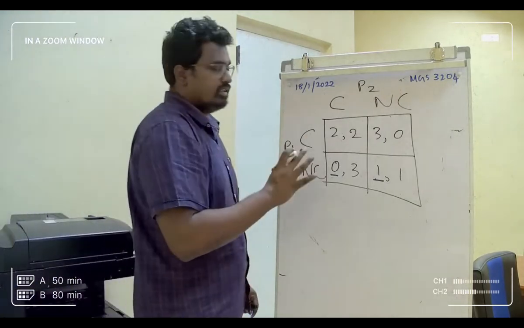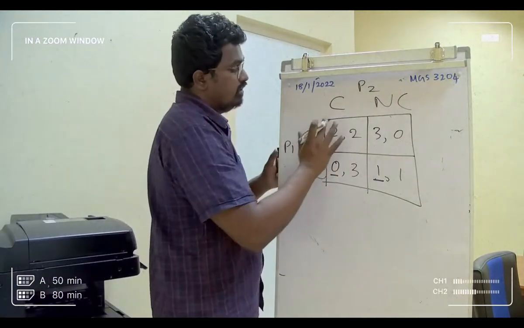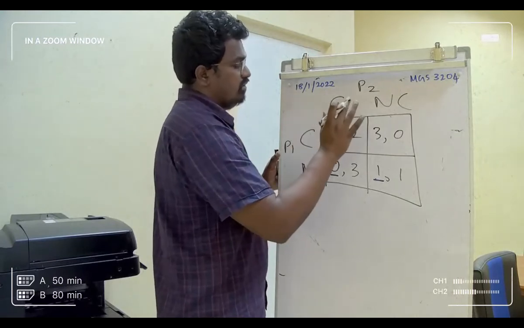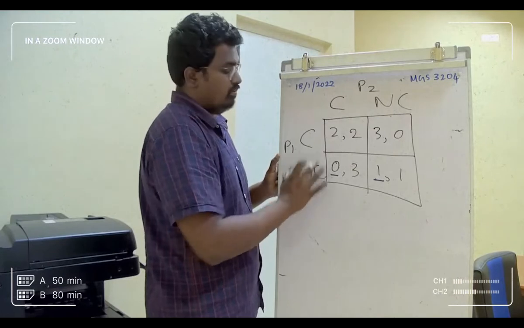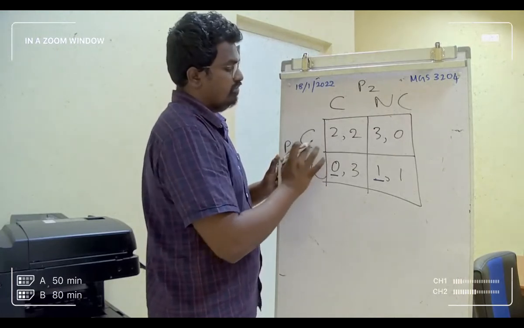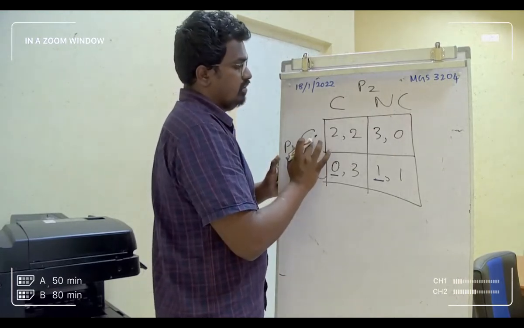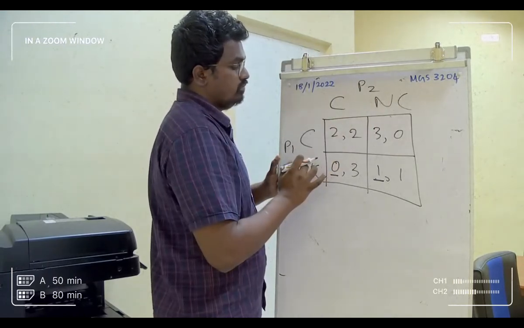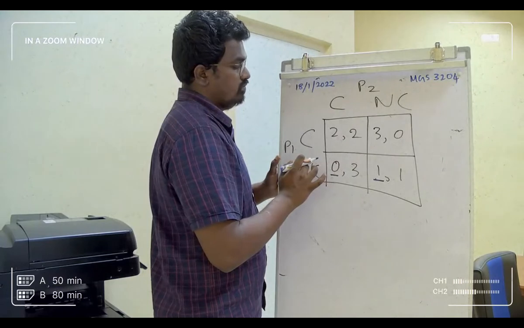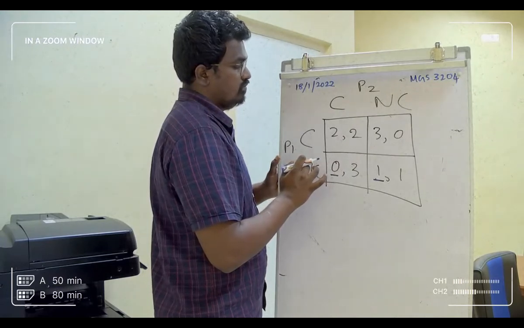So now we'll think it this way, right? Let me say it in this way. First we'll see player 1 got the chances. So if player 1 confesses, what is the best for player 2?